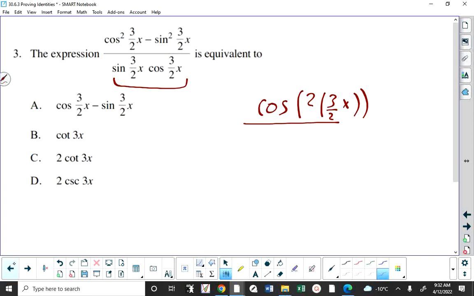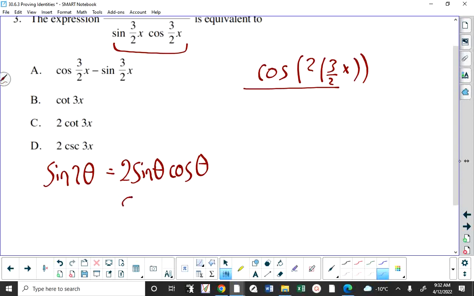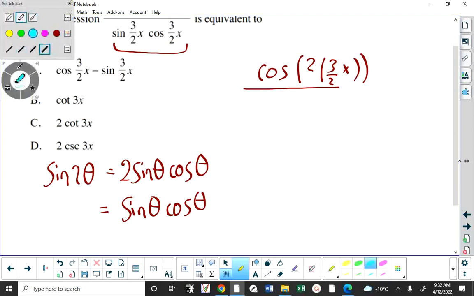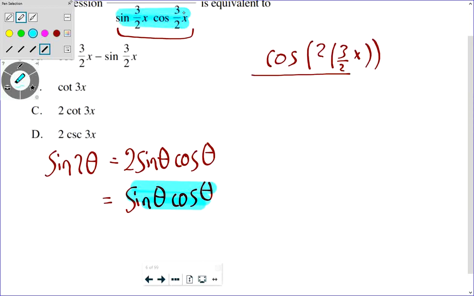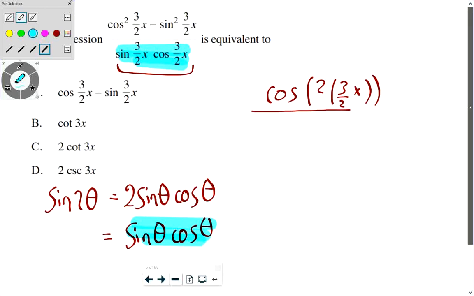But if you write sine of 2 theta equals 2 sine theta cos theta, we can engineer this so that the identity matches the denominator there.